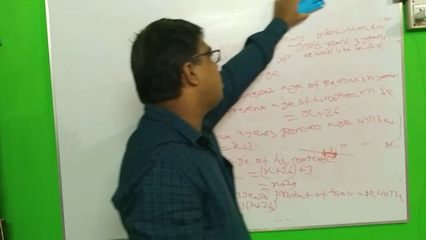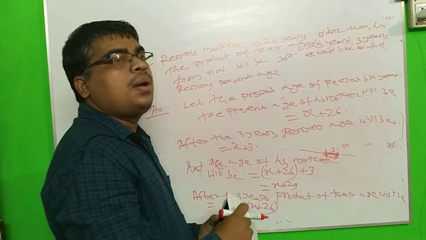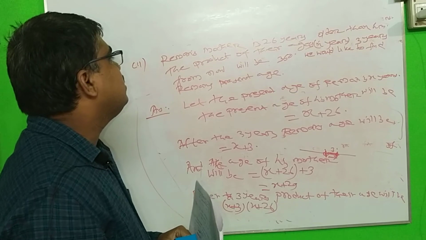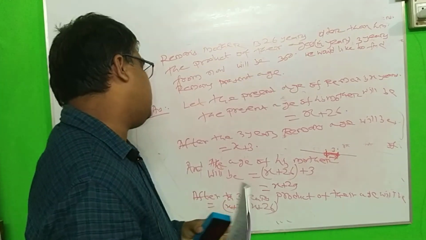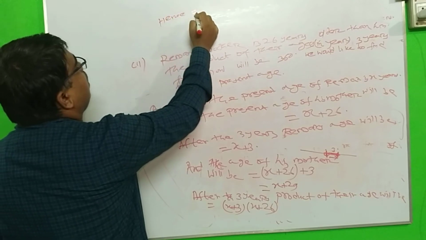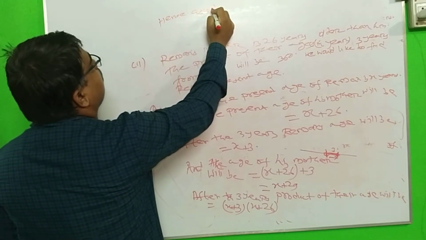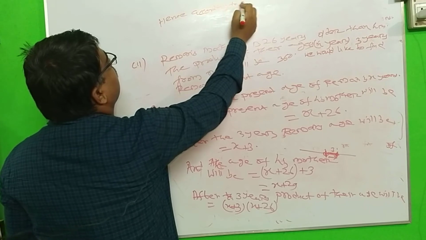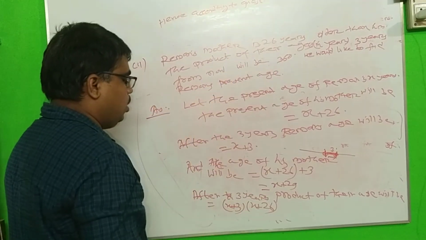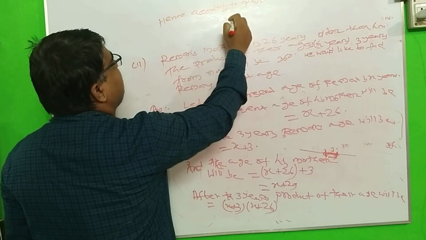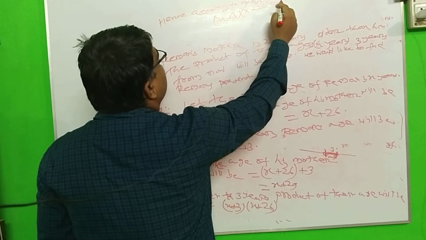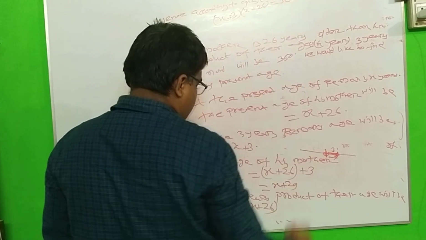After 3 years, the product of their ages is 360. Hence, according to the question, x plus 3 into x plus 29 is equal to 360.